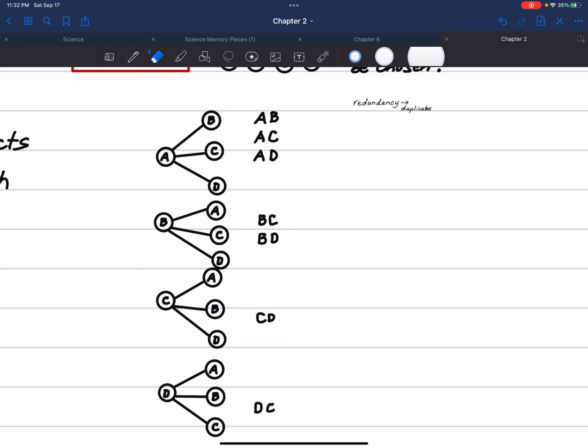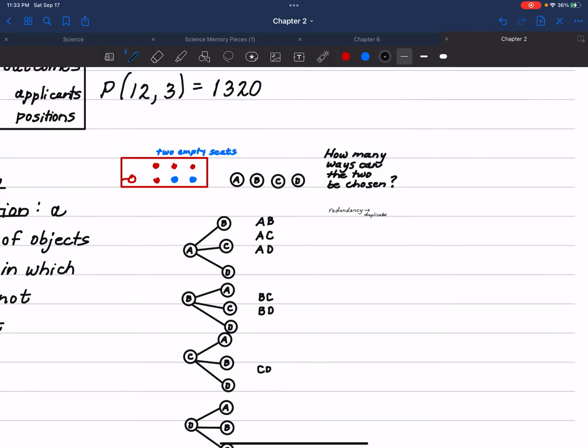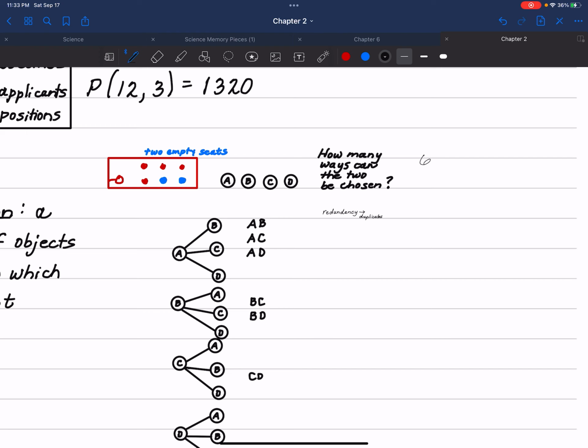So I'll remove that one. And then Clark and Davis is the same as Davis and Clark. So I'll remove that one. So now I'm down to only 6 possibilities or combinations of people who get on the bus. So to answer the question, there are 6 combinations.